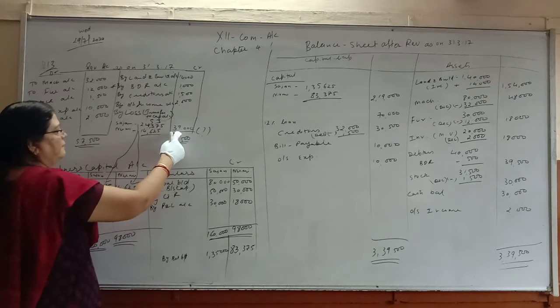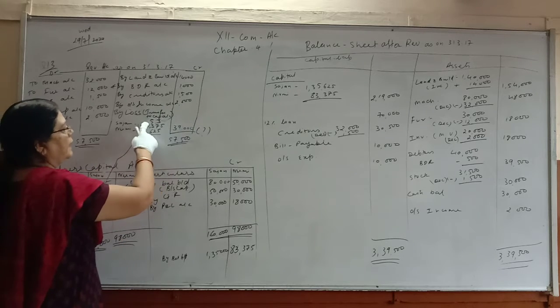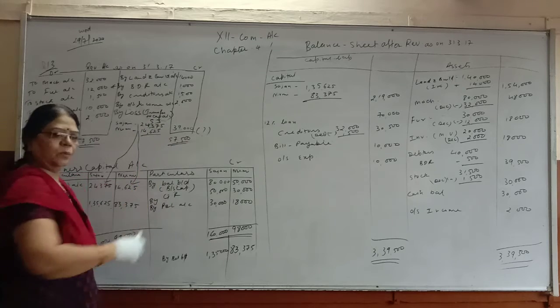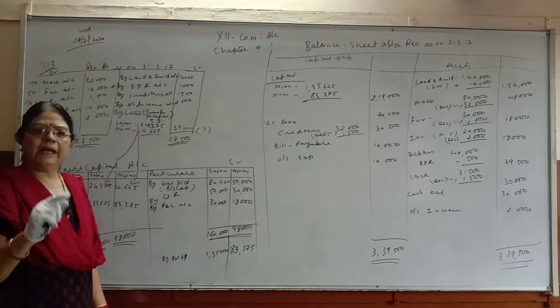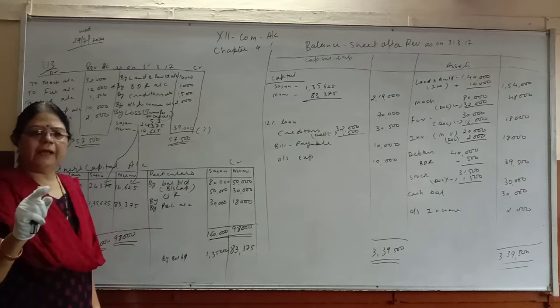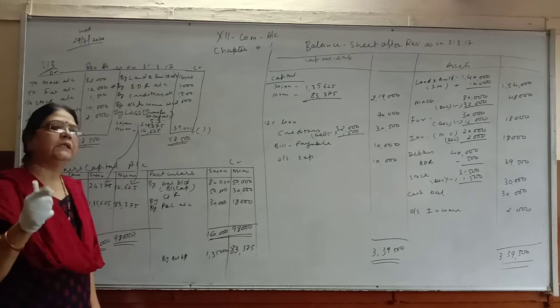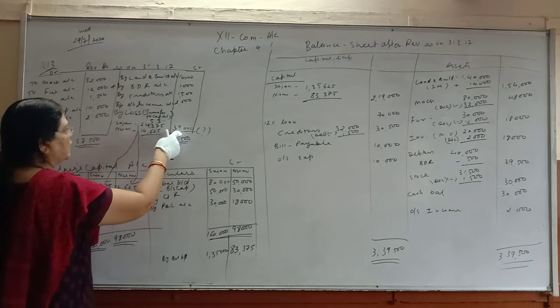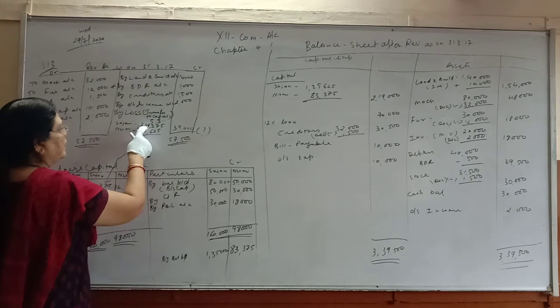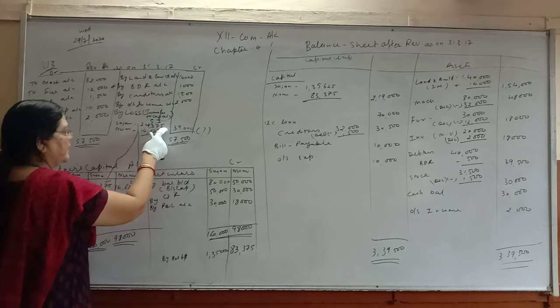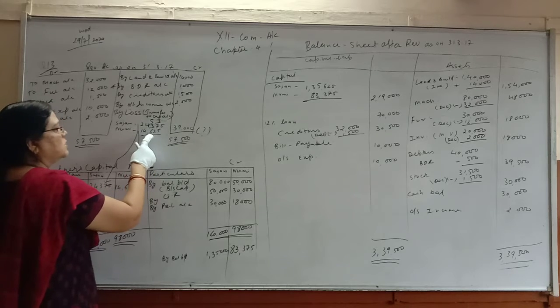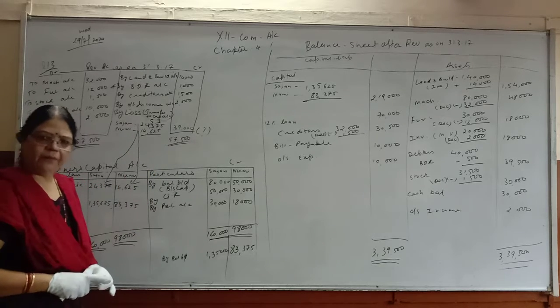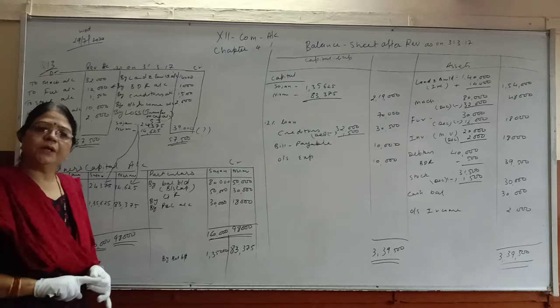So this 39,000 you are going to divide in the 5:3 ratio. Your old P&L ratio is 5:3, means 5/8 and 3/8. So when you take 5/8 and 3/8 of 39,000, you will get 24,300 and 14,625, which is the revaluation loss.